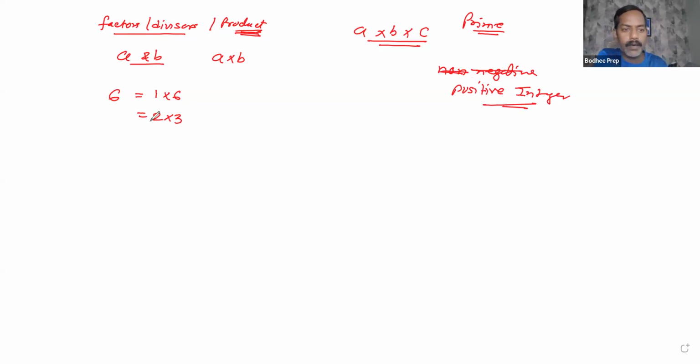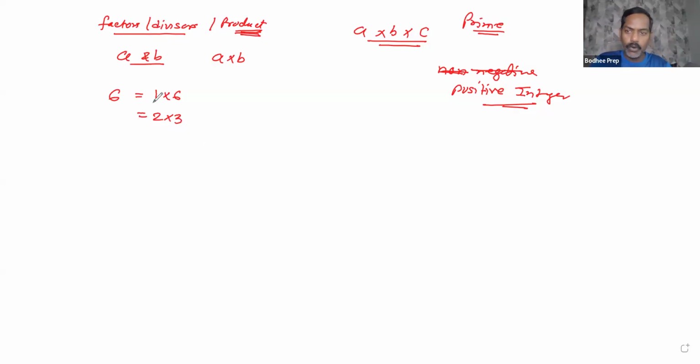Just arranging them differently will not make them two different products equal to 6, right? Here you might be worrying that 1 into 6 is one way, can't 6 into 1 be the other way? The answer is no, because we need two different numbers. In which order we are multiplying doesn't matter, right? So 1 into 6 is as good as 6 into 1. Similarly, 2 into 3 is as good as 3 into 2, right?